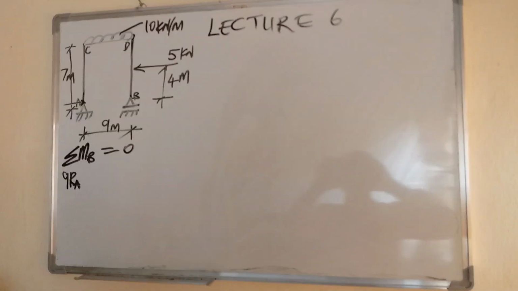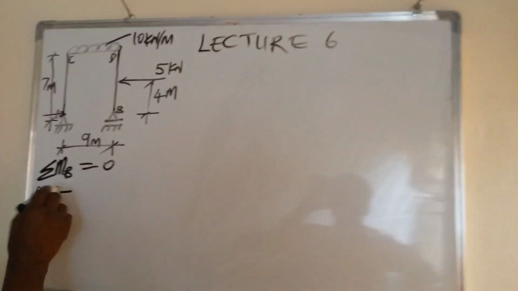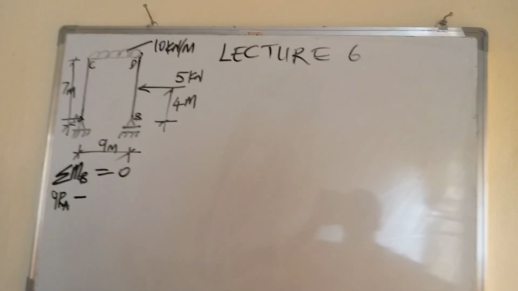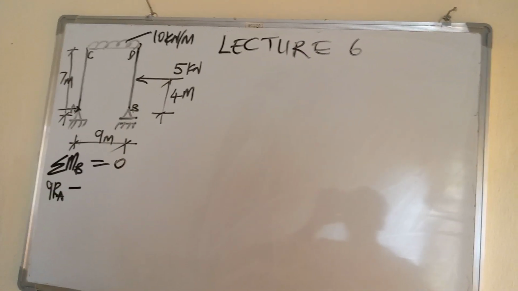Then RA, the vertical reaction at A, will develop moment with regard to point B. So that's why we have our 9 RA. Then the load will also act against reaction RA.